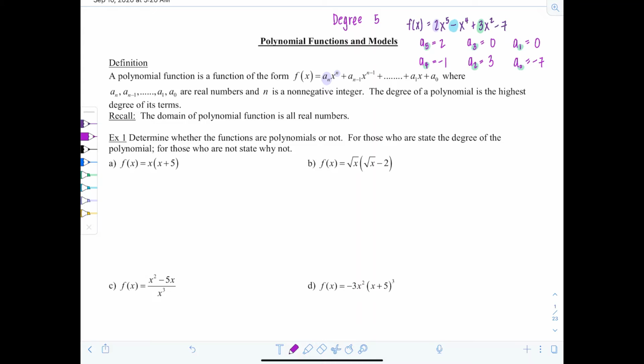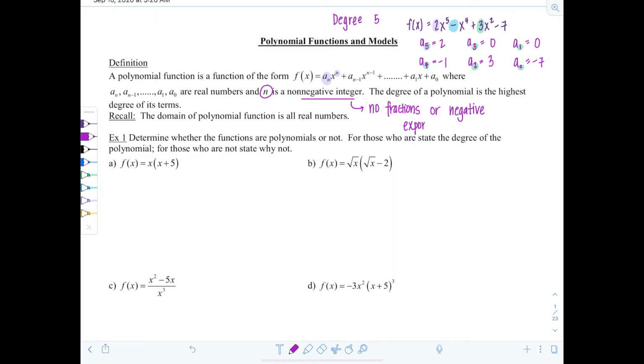Now when you're checking if something is a polynomial or not, the main characteristic that might be violated is the fact that the exponents, n, have to be non-negative integers. So what does that mean? None of the exponents can be fractions or negative numbers.